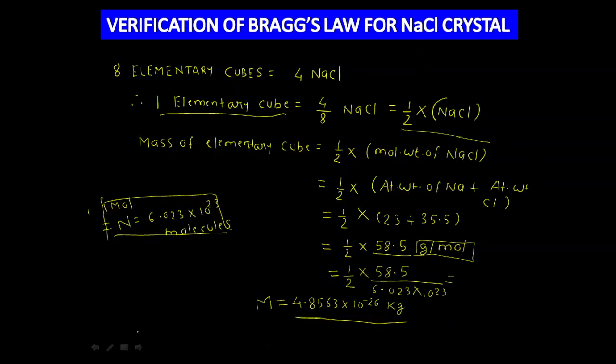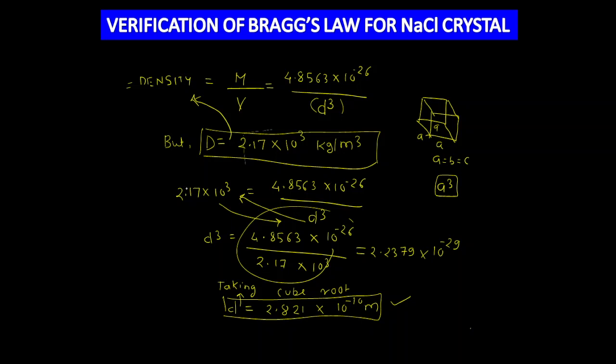So we have got the significance of D. D is the interplanar spacing, and the interplanar spacing D is 2.821 into 10 to the power minus 10 meter.